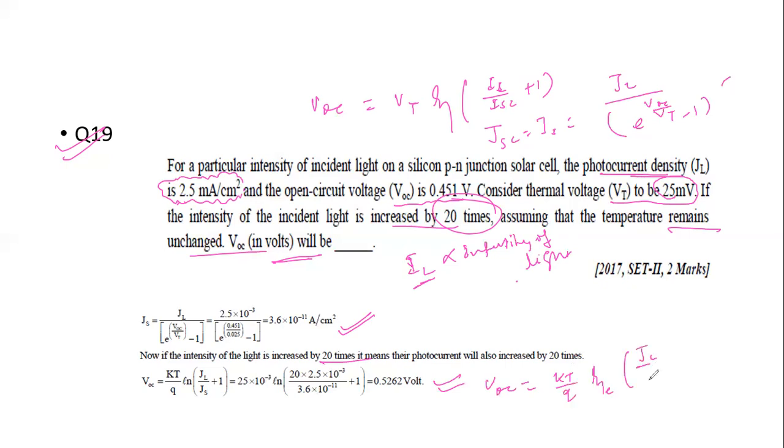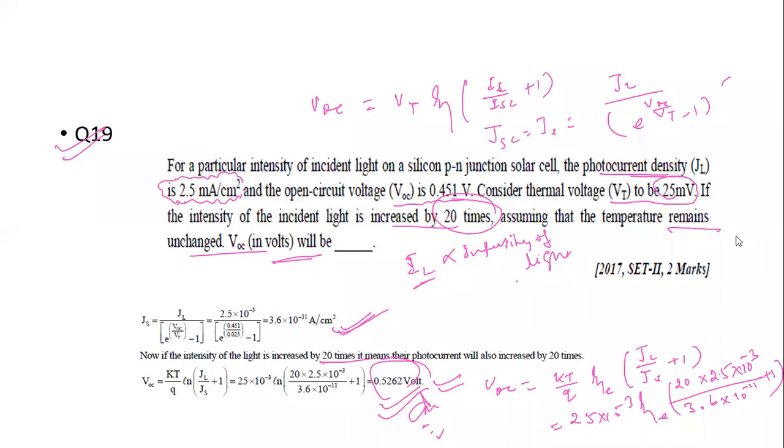This is 25 millivolt times ln of 20 into 2.5 into 10 to the power minus 3 upon JS, where JS is 3.6 into 10 to the power minus 11, plus 1. After solving, you will get 0.5262 volt. It is the right answer.